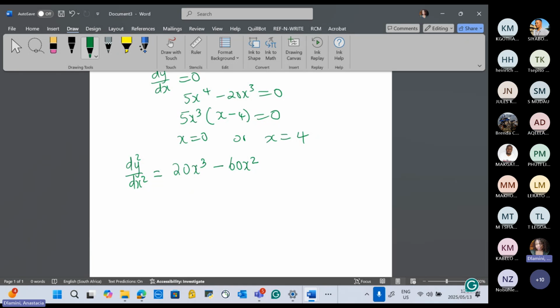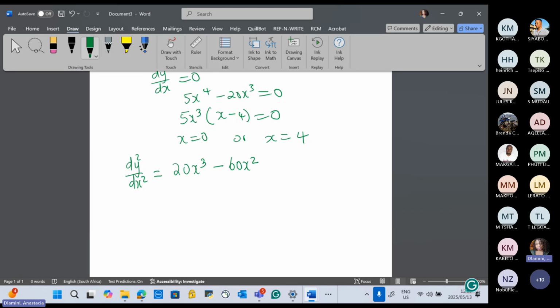Why are we setting it to 0? Ma'am, we substitute our x values into the second derivative. Why are we substituting our x values into the second derivative? That was the next step, wasn't it? To check the maximum and minimum. Thank you. Guys, you need to know why we are doing it.